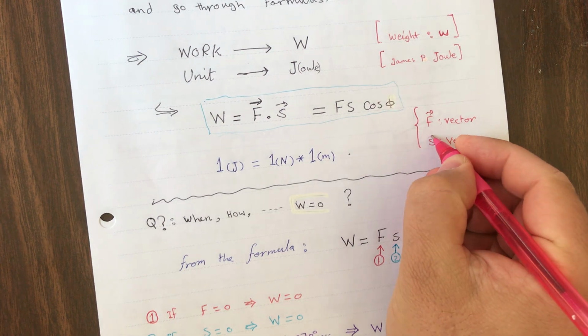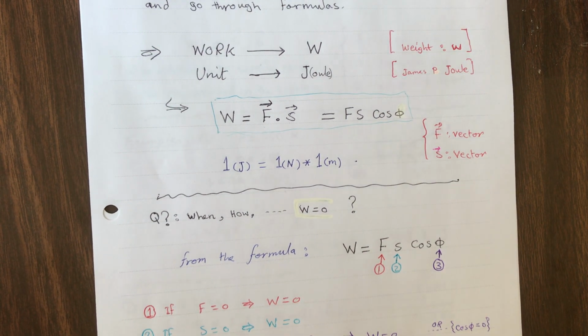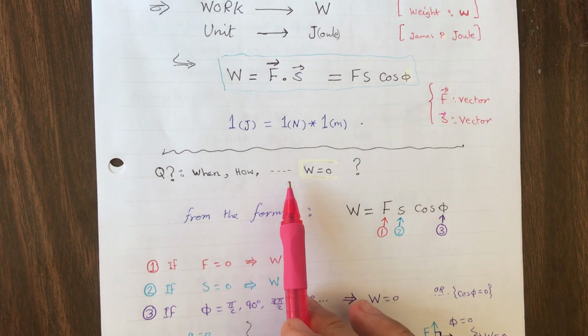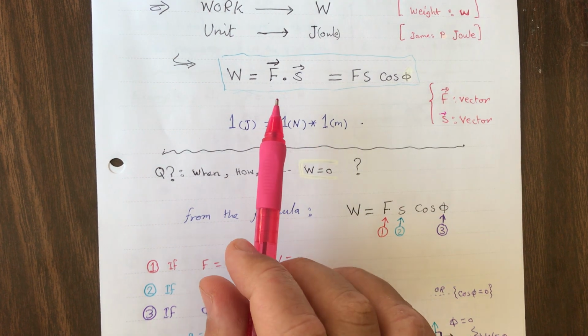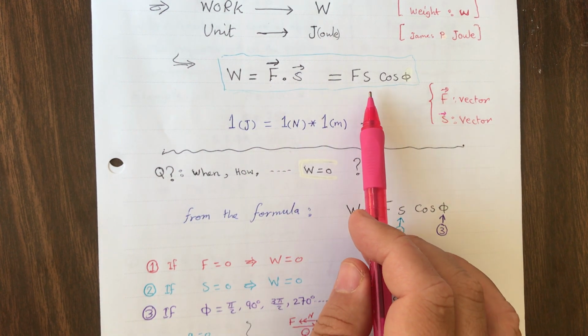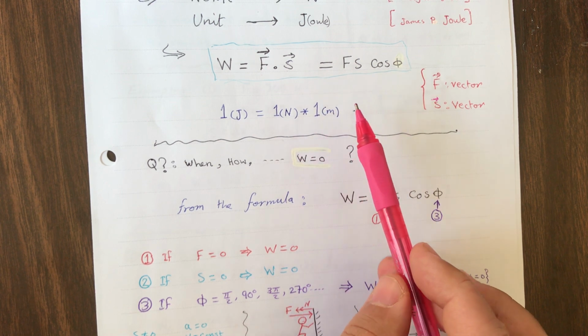Now also, every quantity in physics, many quantities may be equal to 0. Now we have the work. When or how will the work be equal to 0? This is the relation. We can find all the requirements from this relation.